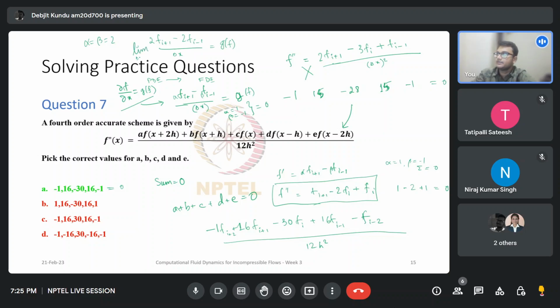Now I check consistency. I'll take the limit delta x tends to 0. So here this would give me 2 of dou f dou x equal to g of f. Now this is the equation I got now. This is the equation I started with earlier. Are they matching? This is a simple example I took, but are they matching? No, right? So this is where this comes into the picture.